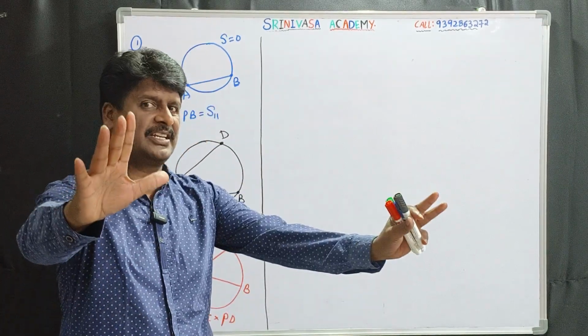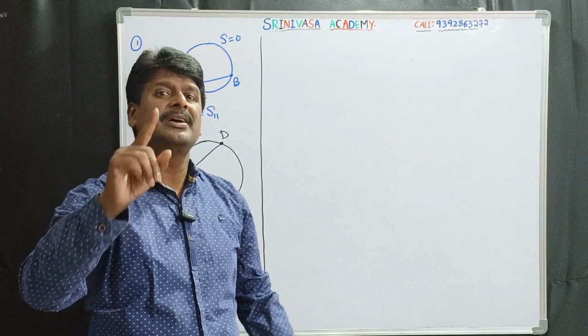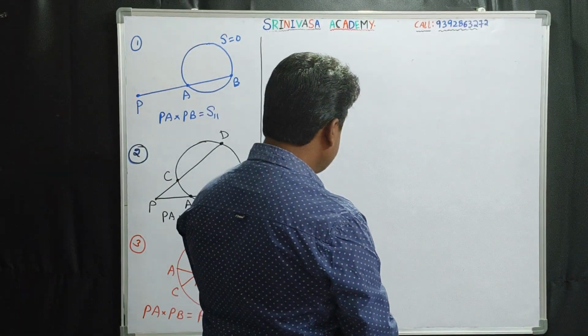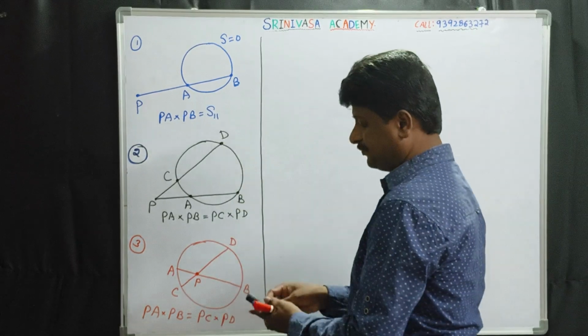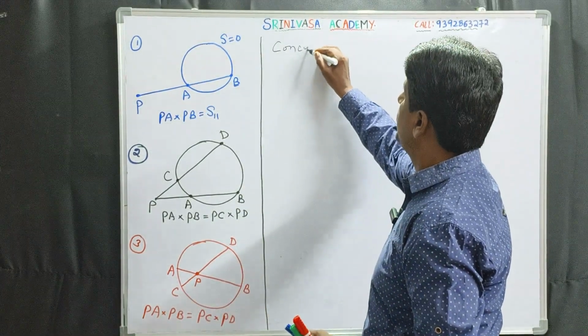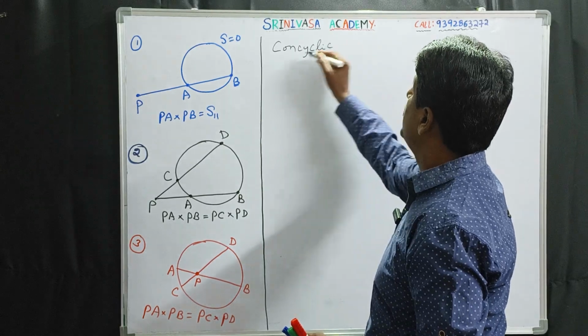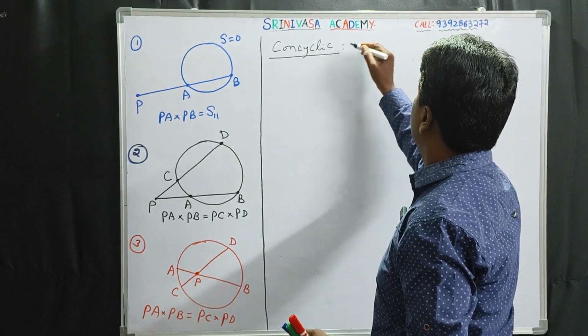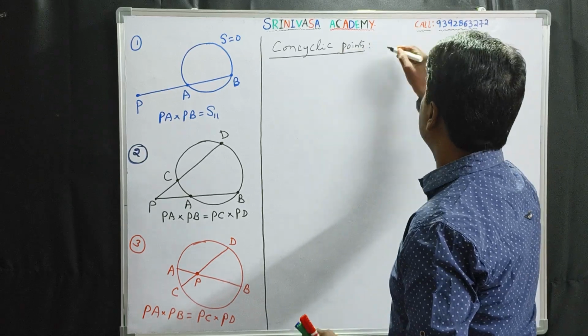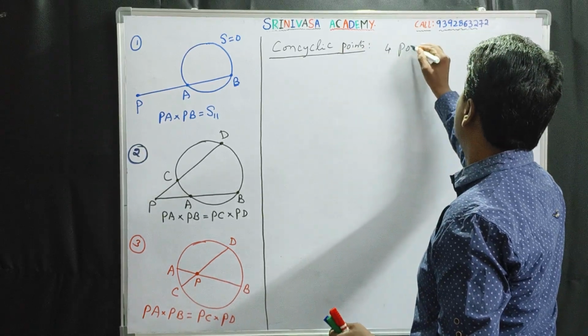Okay, first let us see what concyclic points are. Concyclic points are nothing but four points lying on the same circle.